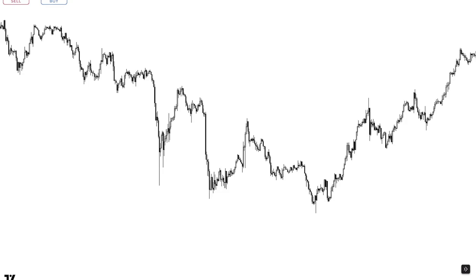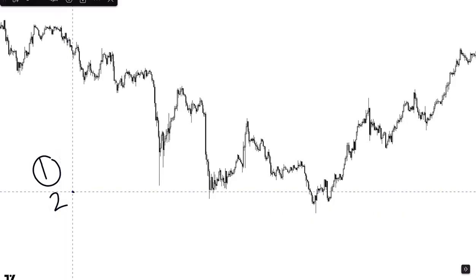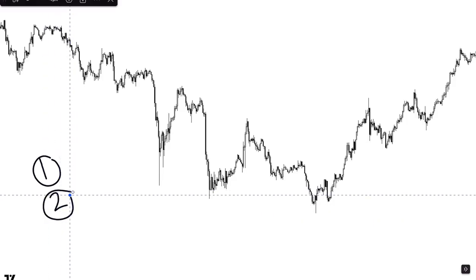All right, folks, welcome to lesson 10 of CRT models, entry models. Now, in this lesson, you're going to see three main entry models. First of all, model number one. Second of all, true market structure shift.